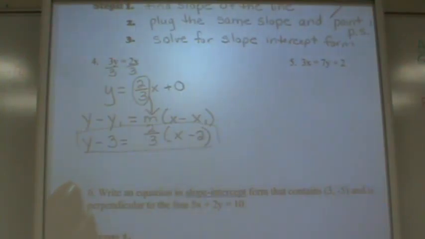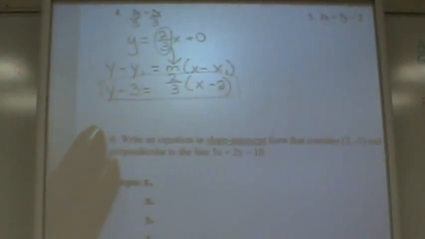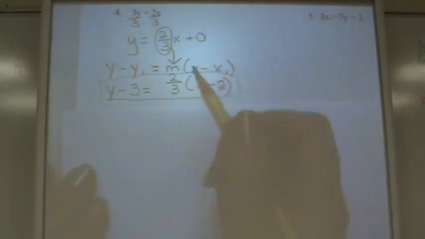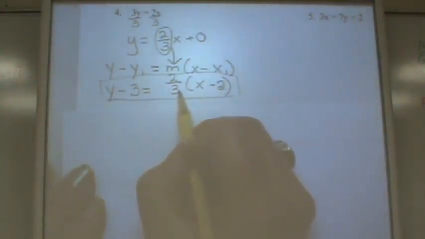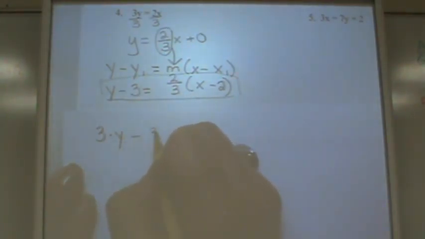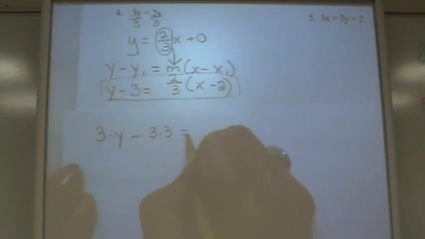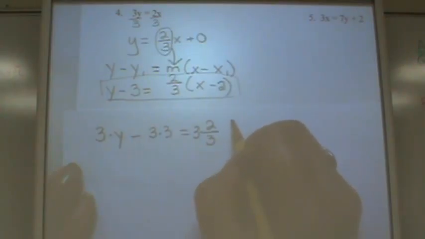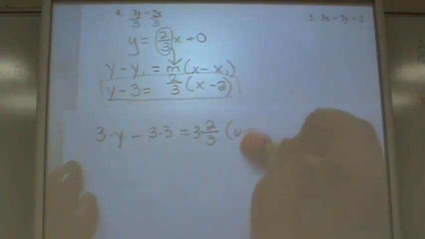So how we write that in slope intercept form is we have to get y by itself. So what you could do is multiply all the terms by 3. So 3 times y minus 3 times 3 equals 2/3 times 3 times x minus 2.